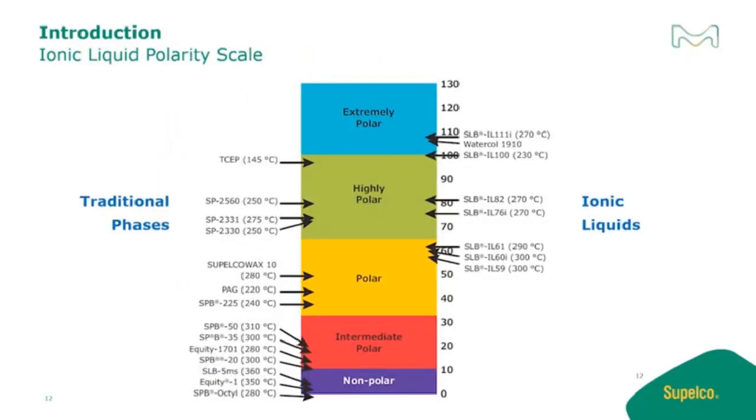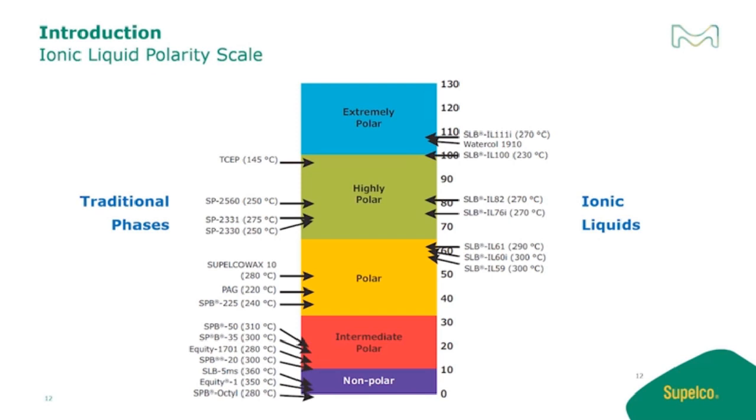So to show you where they stand relative to traditional phases, on the left are your traditional phases going from the very nonpolar phase like the SPB-Octyl up to TCEP, along with the maximum temperature for those phases. On the right are the ionic liquid phases, and you can see the ionic liquid phases fall into the polar, highly polar, and extremely polar range. One other thing to note is that all of the ionic liquid phases have maximum temperatures very similar or even higher than the traditional stationary phase of a similar polarity.